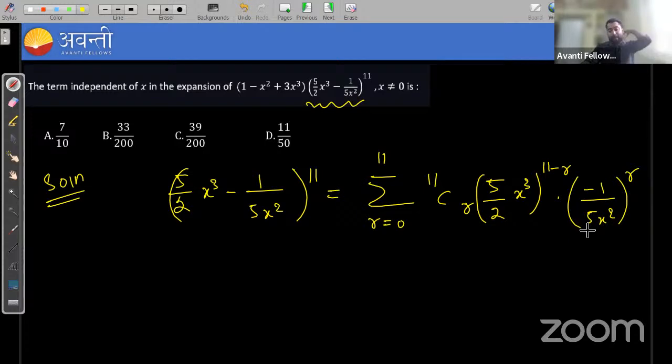Right? So this is the binomial expansion of the given binomial. Now what will we do?